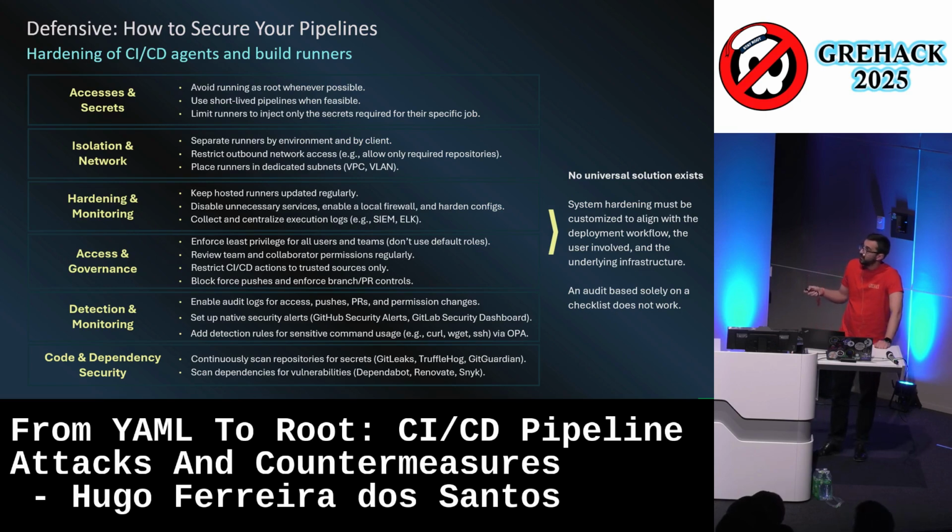You can, but it will be very restricted, and in terms of user experience, administration and maintenance, it will be hell. So even for the audits and for the hardening, there is no universal solution. It's more based on how you will work, but those are all the things you can do.